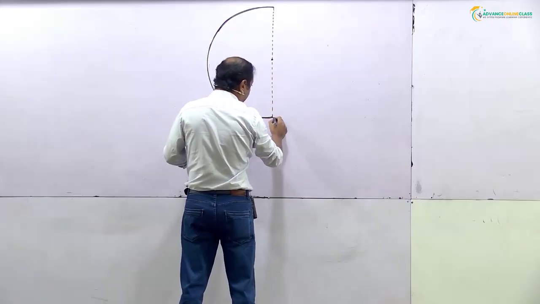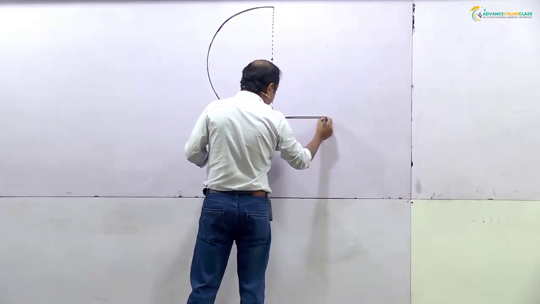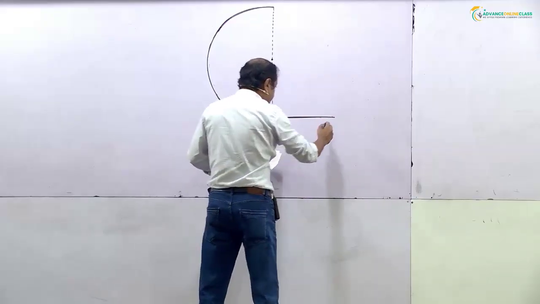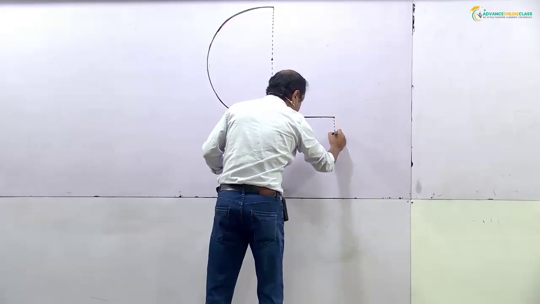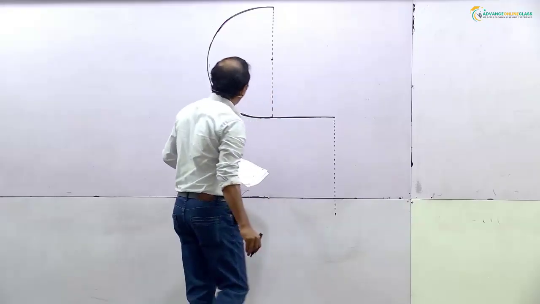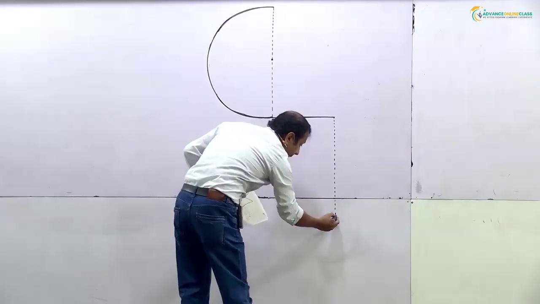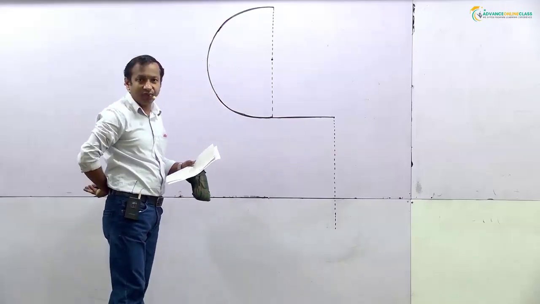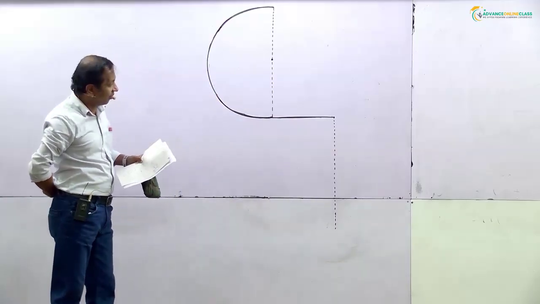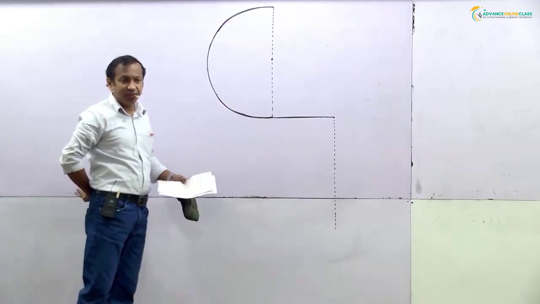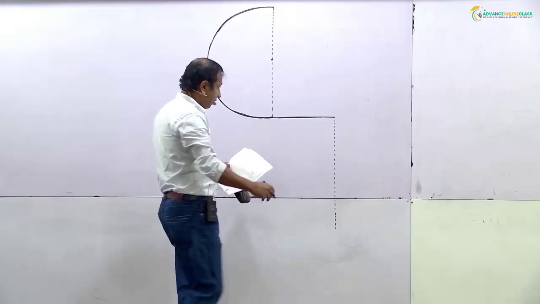Right, this way we have a horizontal cube. This time in the paper also, a question having these two half circles, right?